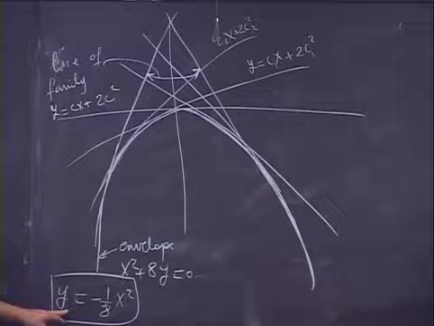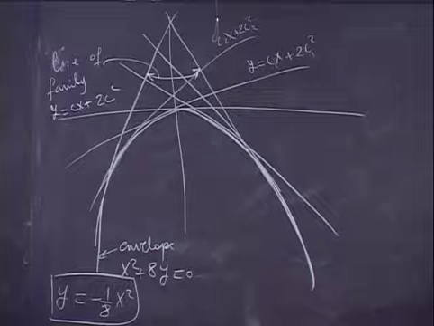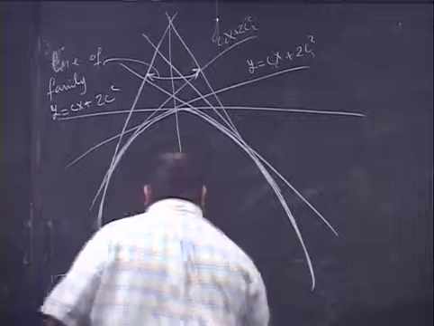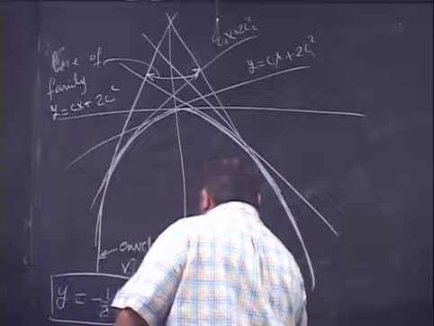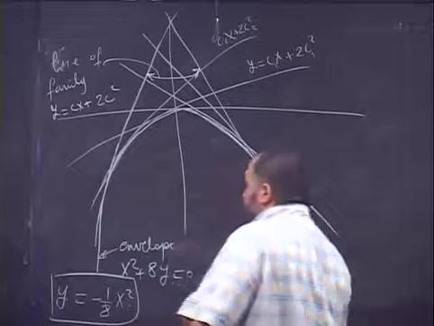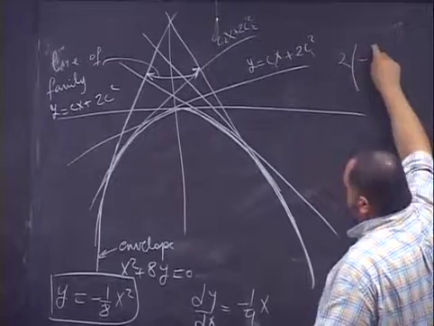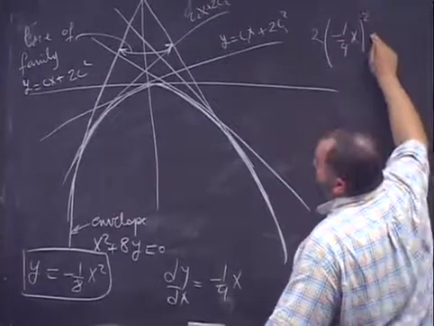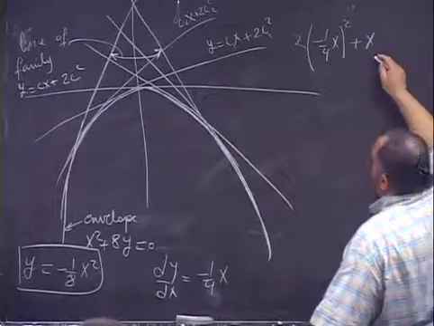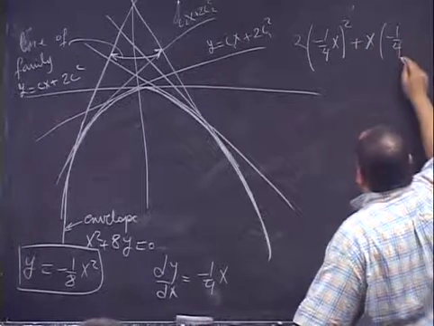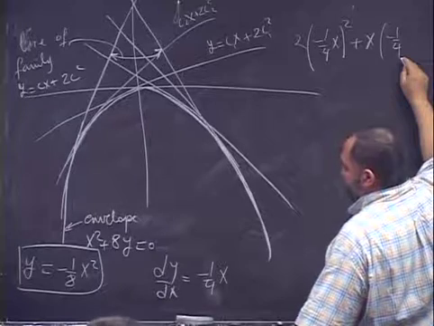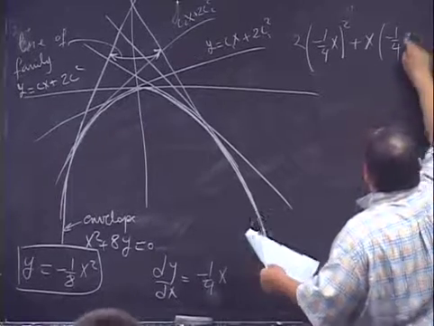Is this equation a solution of this equation or not? We will do the same. If we want to know whether this is a solution or not, we will substitute. So what's dy/dx? Equal to negative 1/4 x. Substitute in your equation. So 2 (negative 1/4 x)² plus x times negative 1/4 x.